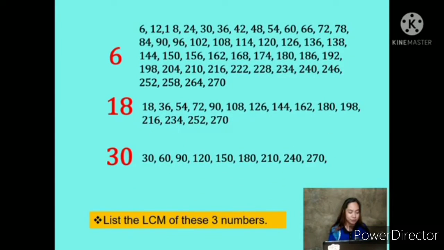So, here are the lists of multiples of 6, 18, and 30. So, sa 6, merong 6, 12, 18, 24, 30, 36, down to 270. So, sa 18, meron po tayong 18, 36, 54, down to 270 also.